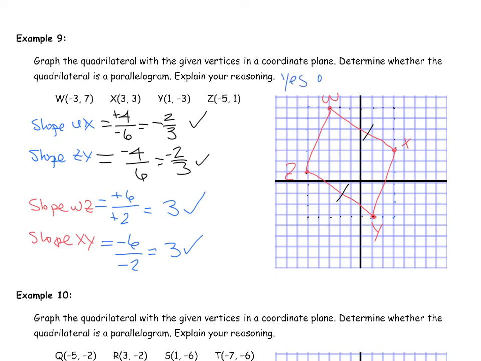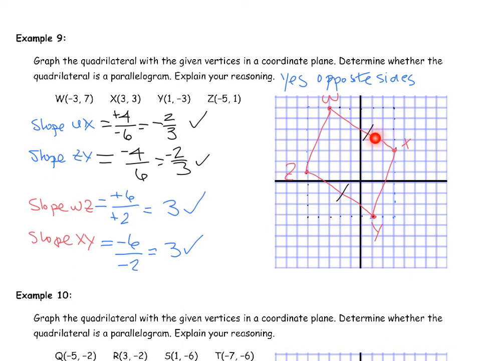And it's because we can't necessarily justify that the opposite sides are congruent. We'd have to take it a step further and actually use either the distance formula or the Pythagorean theorem, because we basically created right triangles here, to prove that these two values are the same.